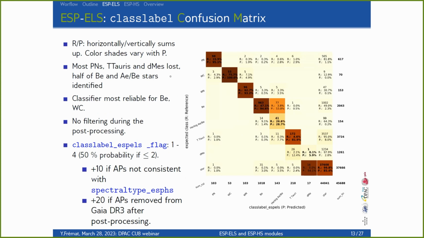So I will still show you a few other confusion matrices, and I try to use the same convention in all of these. So I think it's important to explain how I made it. In the ordinates, I put the expected classes of emission line stars, which come from the reference data set of emission line stars, and in the abscissa we have the predictions that have been made by the ESP-ELS module.